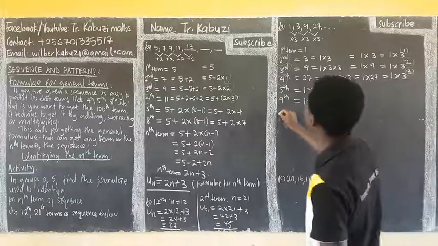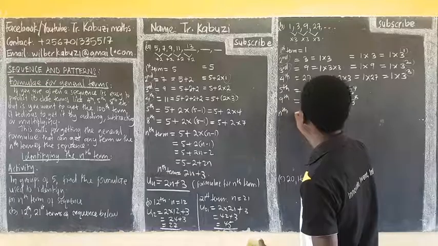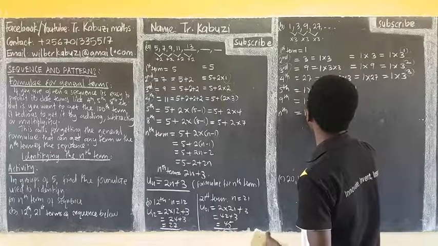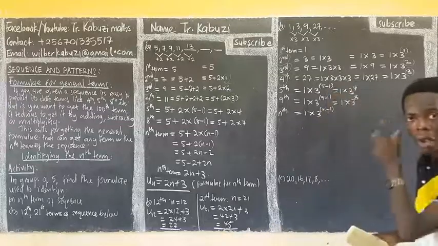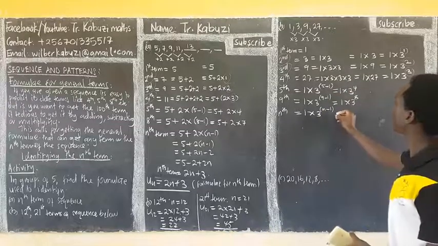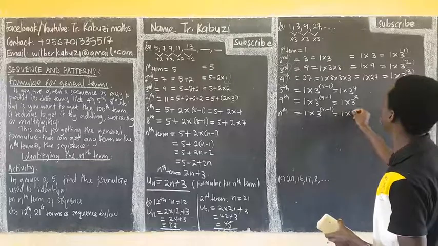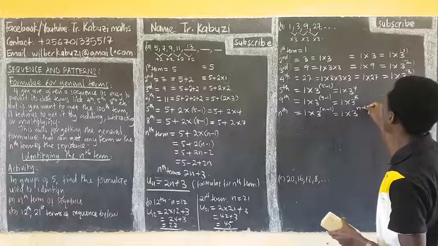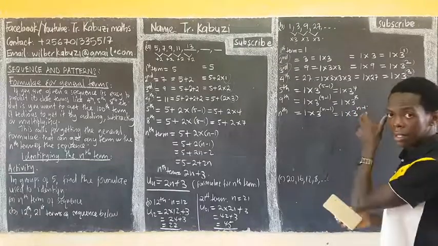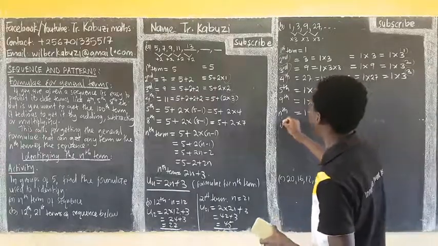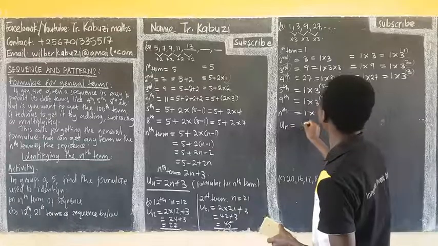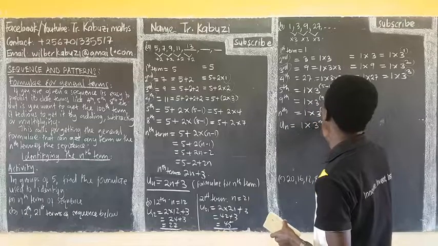So if I want the nth term now, it will be 1 times 3, then you subtract off 1. So this will give us 1 times 3 power n minus 1. So there, our nth term, Un, is going to be 1 times 3 power n minus 1.